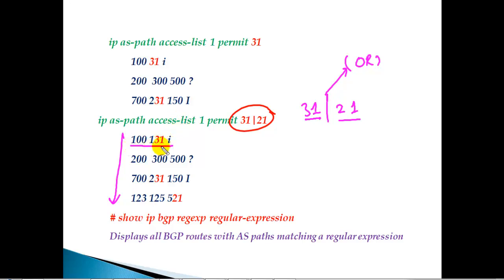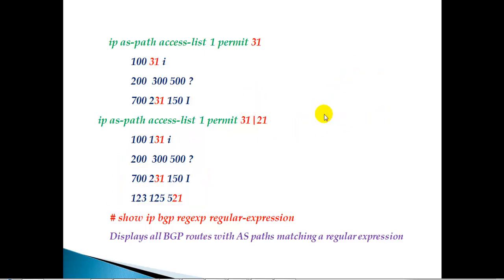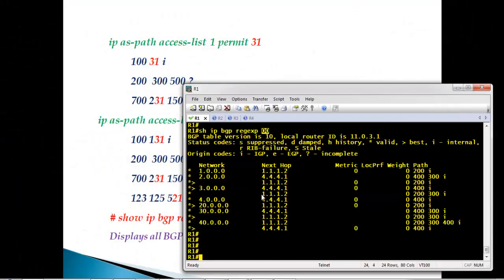Here it matches 31. In this statement it doesn't match anything because there is no occurrence of 31 or 21 here. But here you can see there is an occurrence of 31 and an occurrence of 21, so wherever there is 21 in that AS path, it's going to match, or 31. So if you want to match either 31 or 21, we can use this symbol in between those two numbers. Let's verify this.